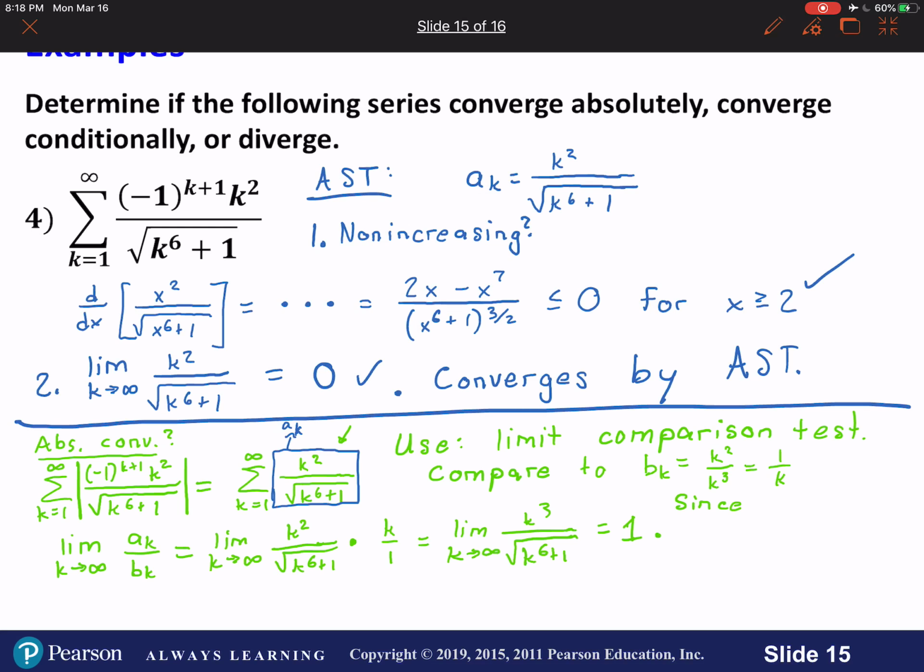Okay, since L is equal to 1 and the sum of 1 over k diverges, we explain why that diverges. It is a p-series with p equals 1, which is less than or equal to 1. Since L is equal to 1 and the b_k diverges, then our original series sum of a_k diverges also.